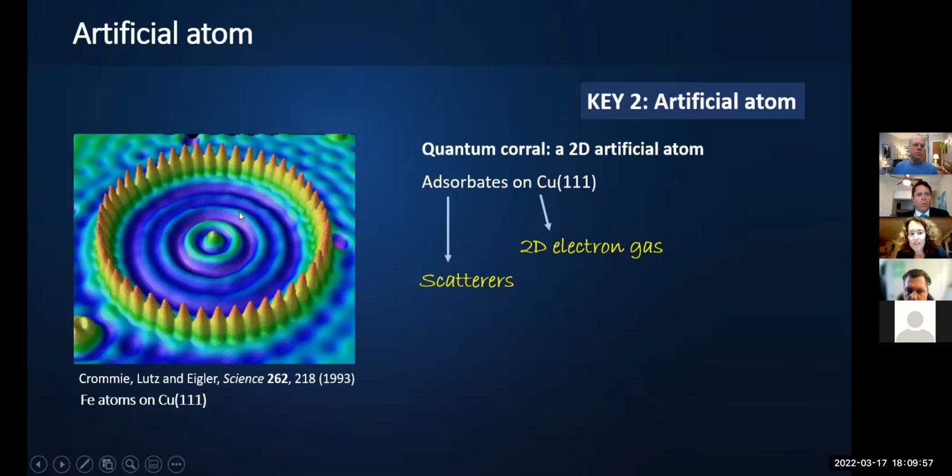This looks kind of like orbitals of an atom. So you can interpret this as orbitals of a 2D atom, an artificial atom created by these real atoms that scatter the electrons underneath.